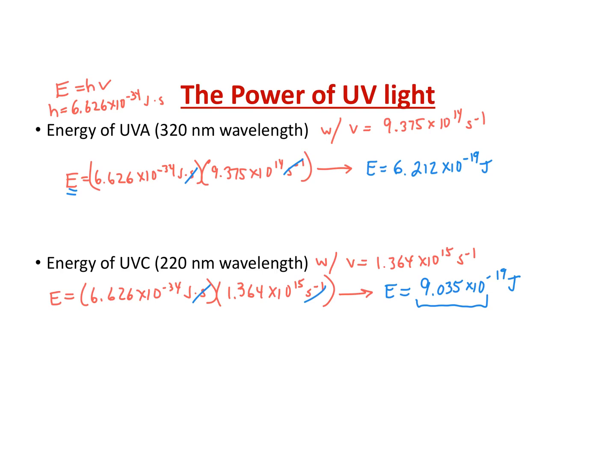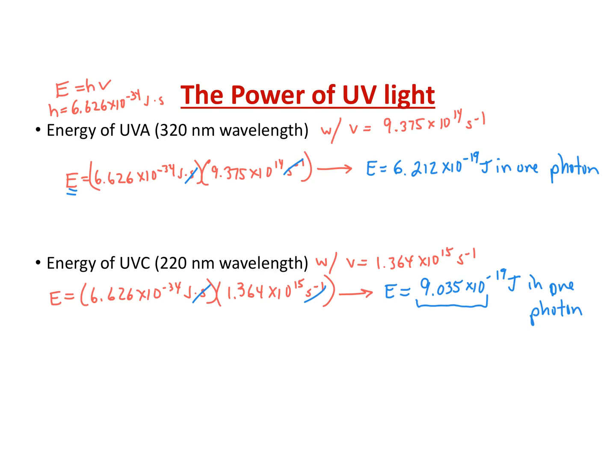But really, to get us one step further, to really understand why this energy is important, we have one last calculation to do. And that's because this energy right here, this is the energy in one photon. So in one photon of light, I have this energy of UVA and this much energy in UVC.